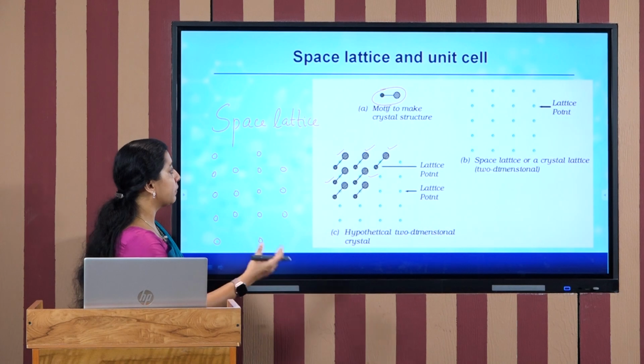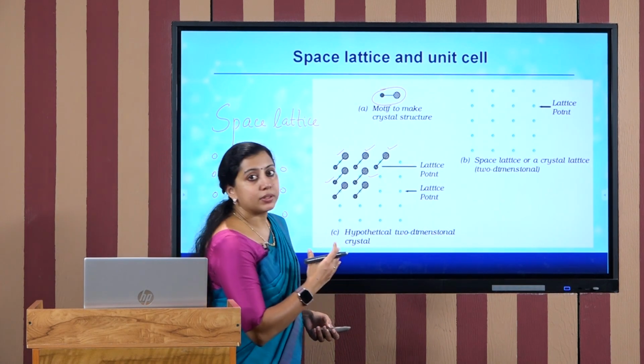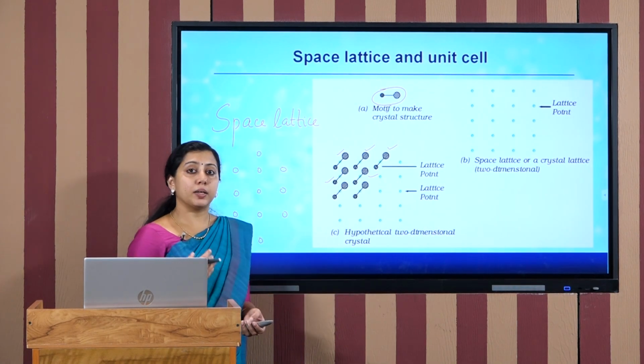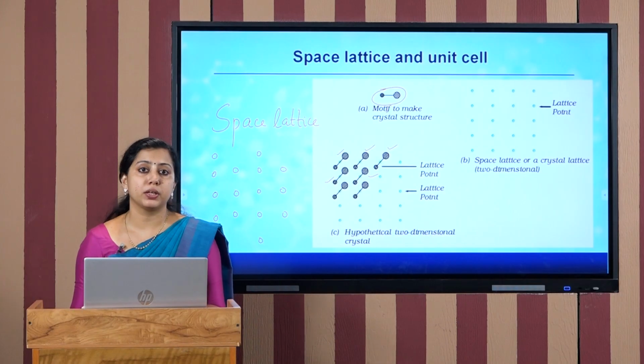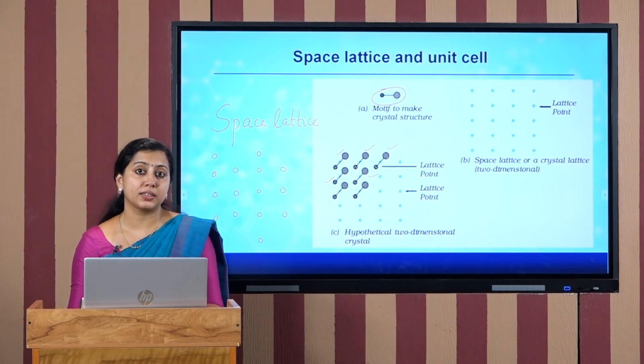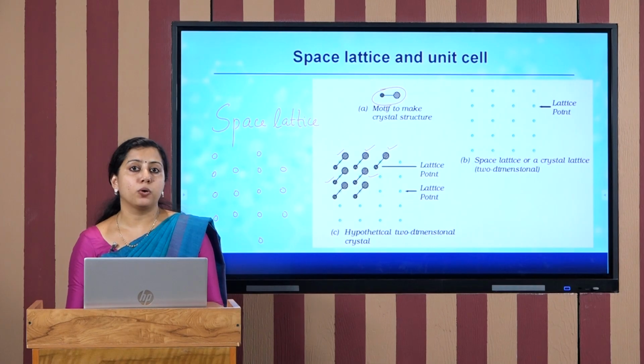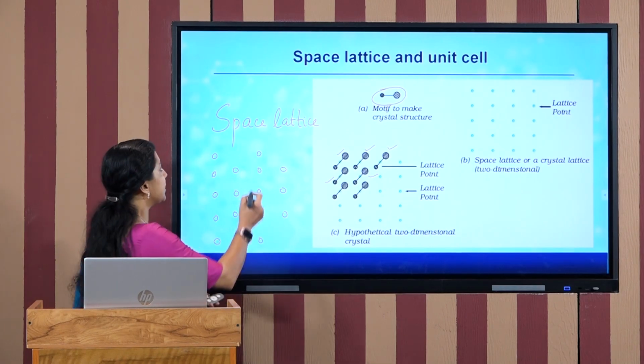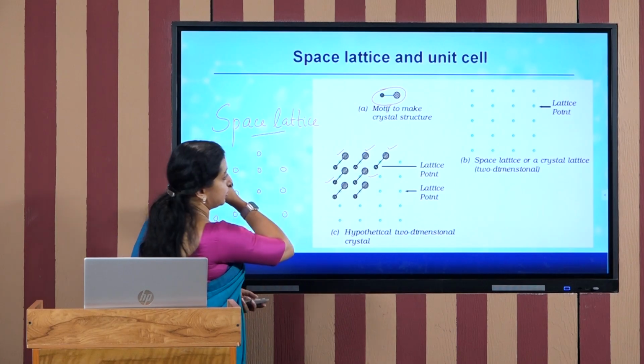Okay. So, in whatever pattern it is, if such lattice points are replaced by the constituent particles or the motifs, we get a crystalline lattice or a three-dimensional arrangement, which is called the space lattice.